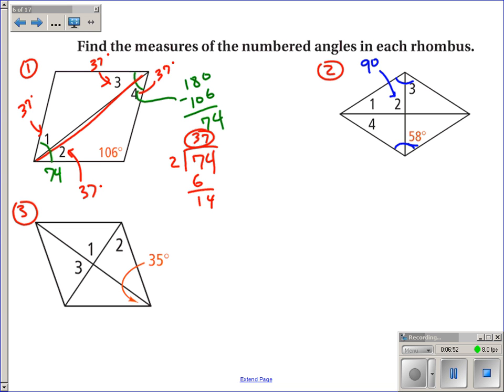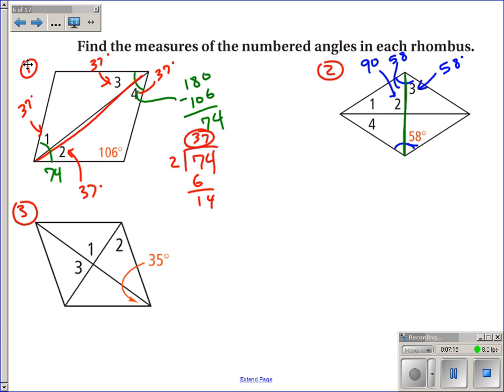And this diagonal will cut both angles in half, and so this angle up here will also be 58, and it looks to be about the same. Okay, so angle 3 is equal to 58 degrees. And also this angle right here is also 58 degrees, and we'll use that to find angle 1.